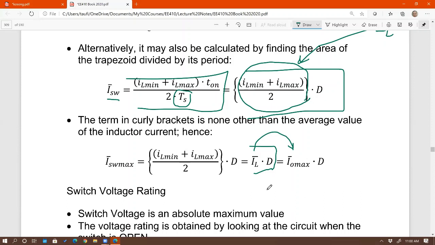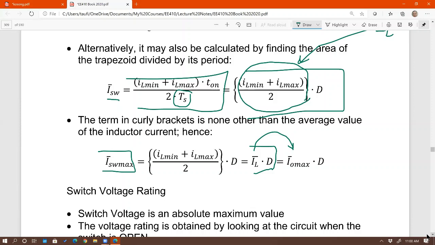Okay, this makes sense. Why? Because this is referring to the switch, and as we know, duty cycle belongs to the switch. Can you guess how this equation changes when I look for I diode average?